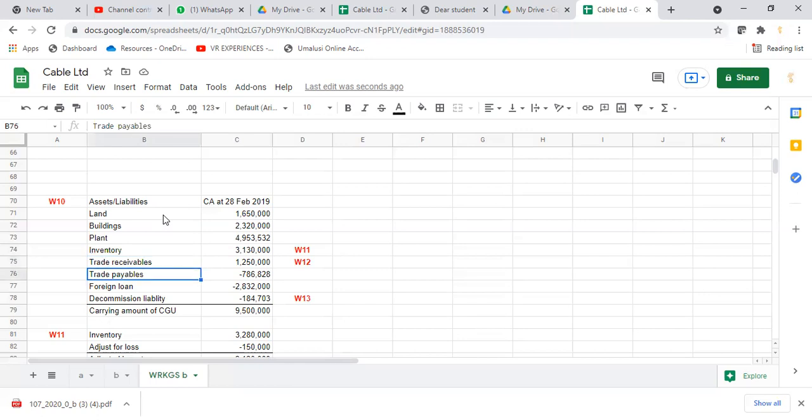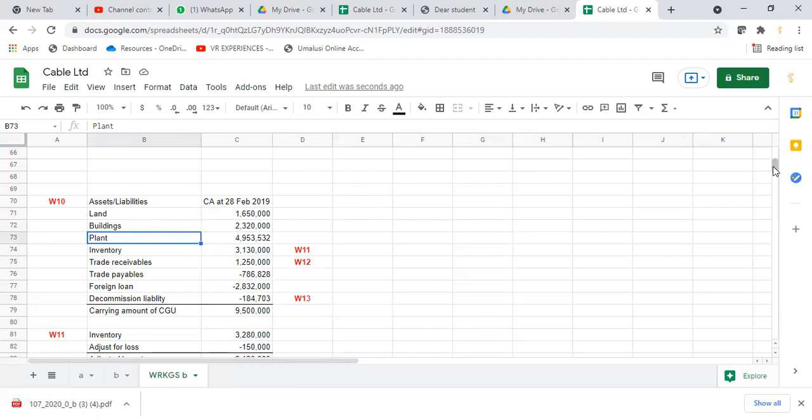Not against trade payables, because trade payables is a liability. You do not allocate against liabilities. Not the foreign loan, for the same reason. Not decommissioning, same reason. You do not allocate impairment against a liability. So therefore, the assets available are land, buildings, and plant.